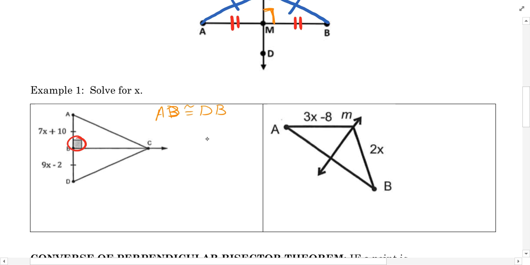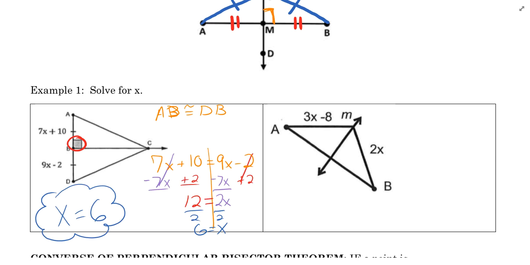So if those are congruent line segments, that means that our values are going to be equal. So I'm going to set these two expressions equal to each other and solve. And I'm going to go ahead and pause the video. I'm going to let you solve through that on your own, and we'll check back in just a moment.